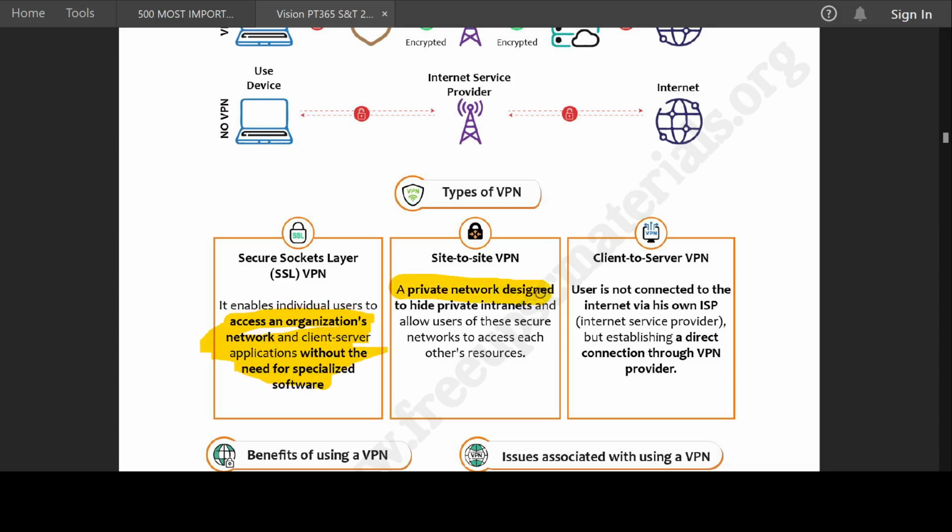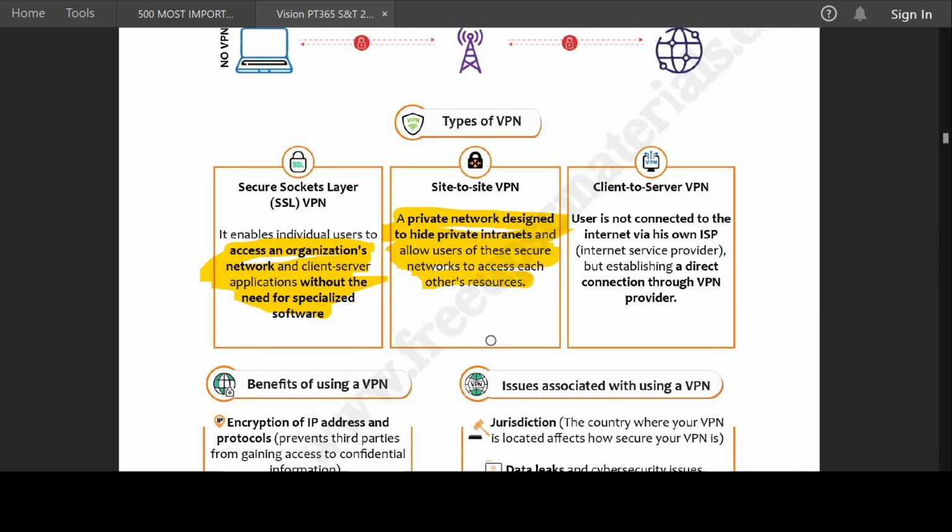Site-to-Site VPN is a private network designed to hide private intranets and allows users of these secure networks to access each other's resources. Client-to-Server VPN: the user is not connected to the internet via his own ISP, but establishes a direct connection through the VPN provider.